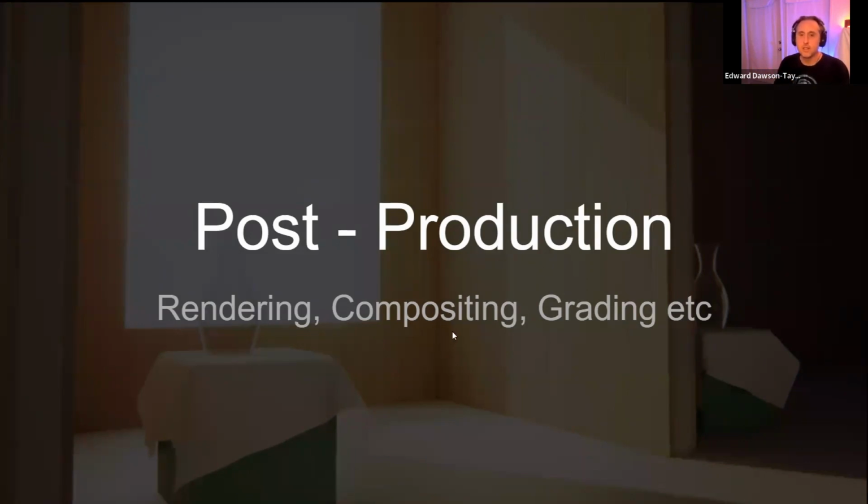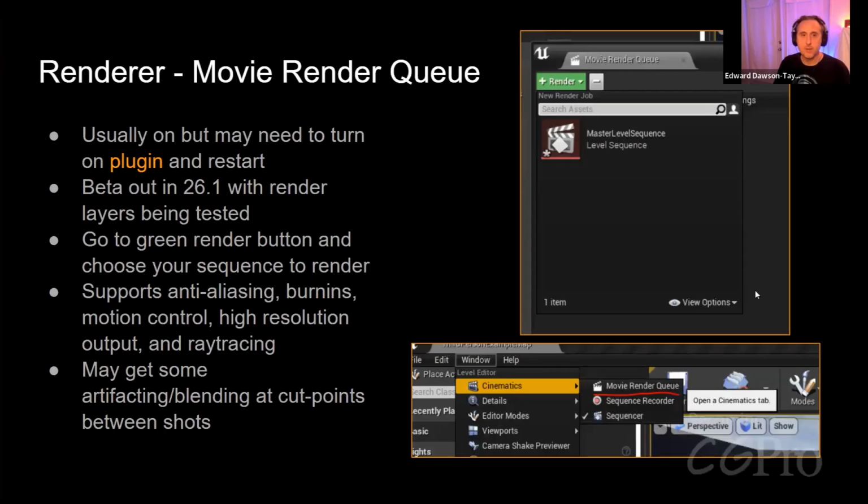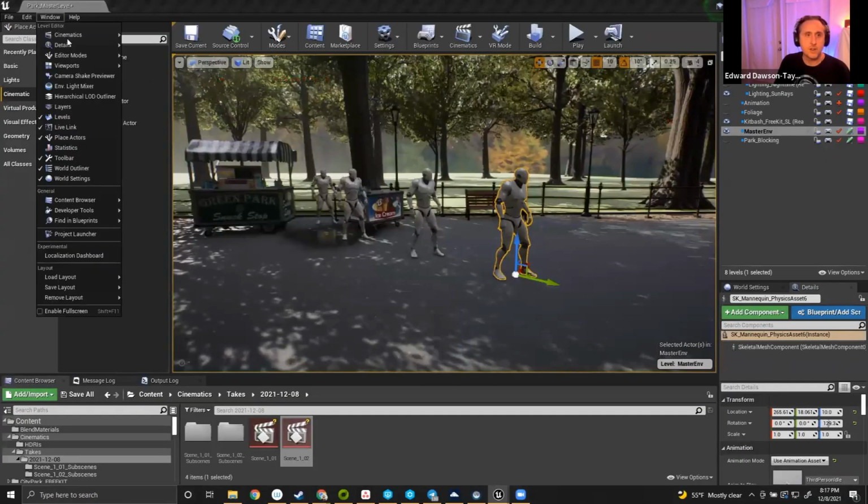Most people tend to prefer to comp and grade in some other solution, or at least probably the grading, just to give yourself the flexibility to change your mind. But movie render queue is the thing inside Unreal Engine. It's very simple to access. Just go to Windows, Cinematics, and Movie Render Queue, which I guess is not on in this scene.